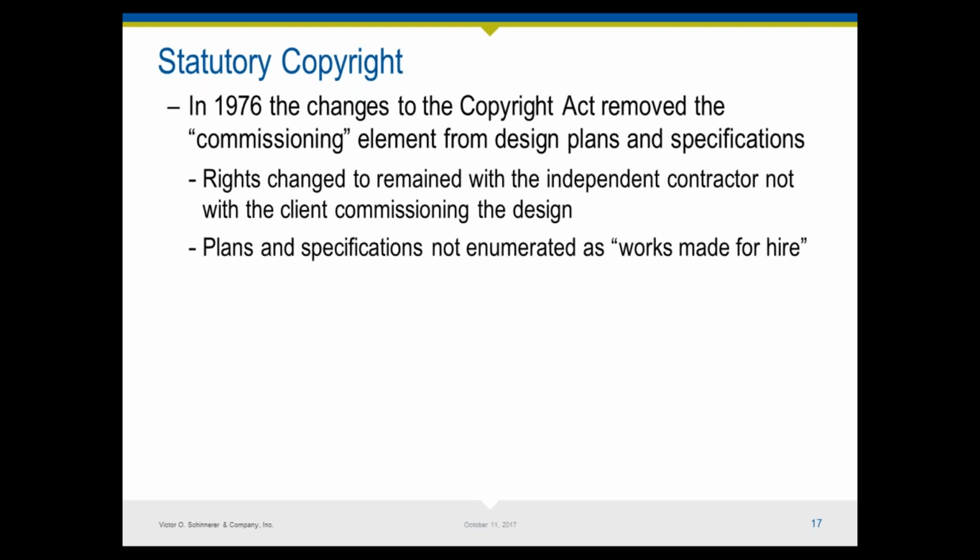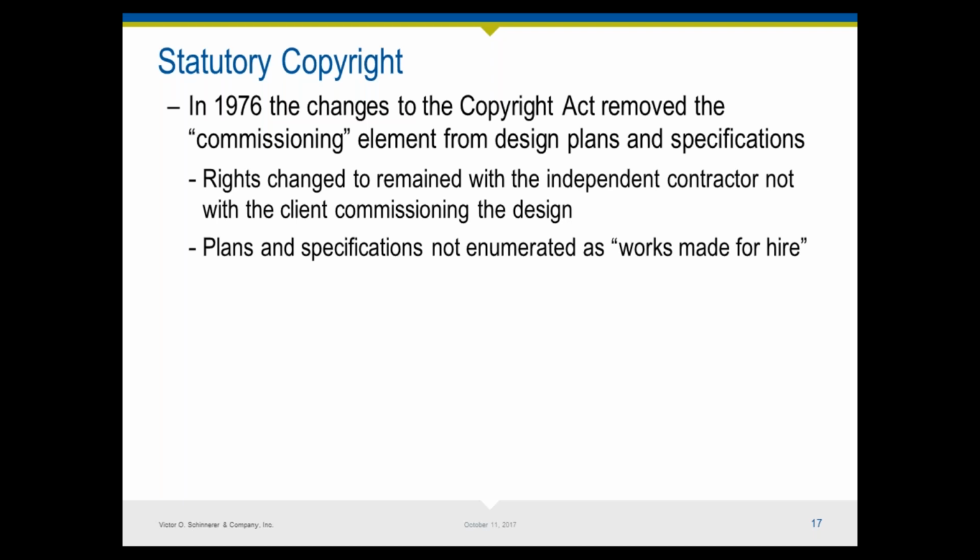Okay, let's talk about statutory copyrights and the 1976 Act. As I said, it removed the commissioning element from design plans and specifications. Unless the effort to create the intellectual property was within this narrow scope of a work made for hire, the rights remain with the creator, even if the original creation was commissioned by a client.